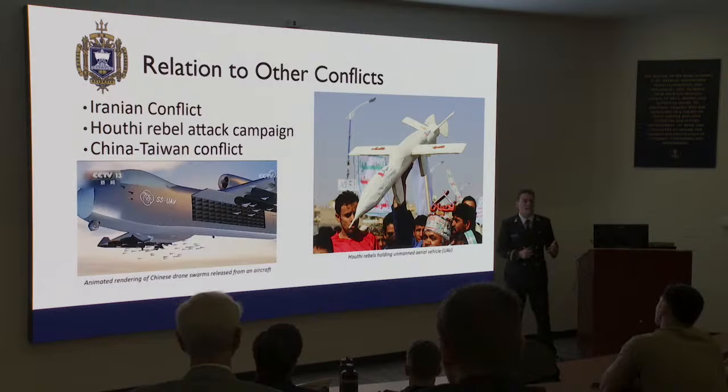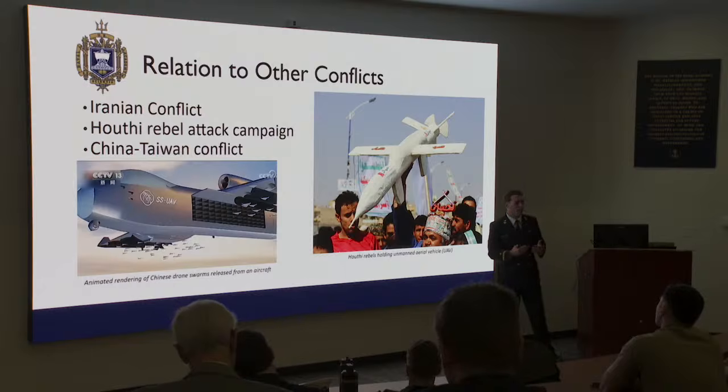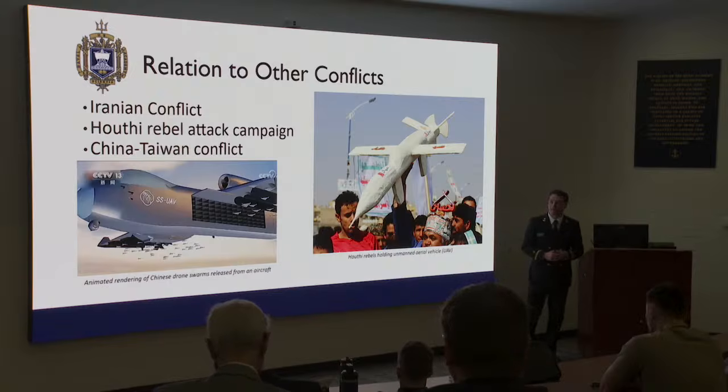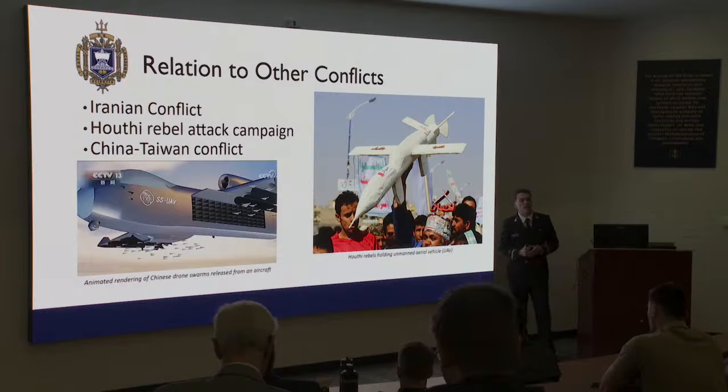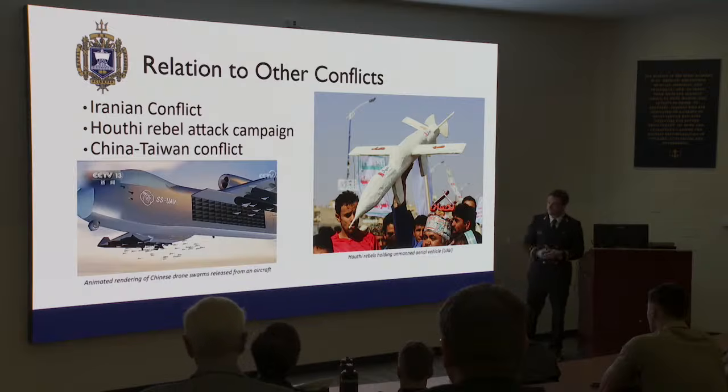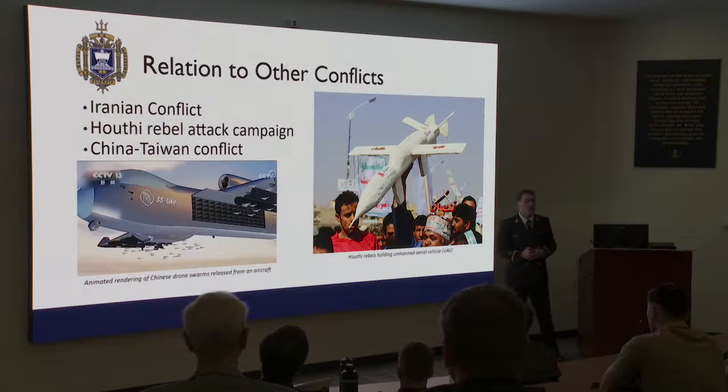It's only a matter of time before they launch more and more and more attacks, potentially against U.S. ships transiting through the area. But some groups have already started launching one-way attack attempts, specifically with drones, against U.S. ships, and these are the Houthi rebels. So they're launching UAV and USV attack attempts against U.S. ships transiting through the region.